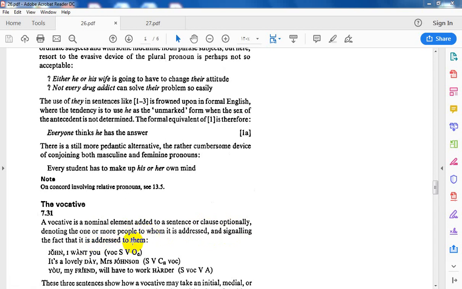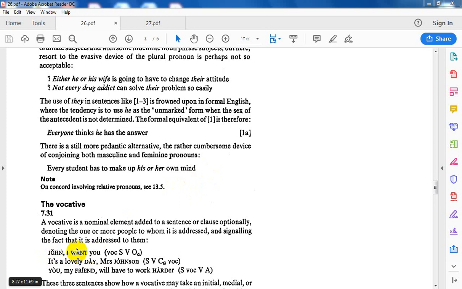So, look at these sentences, please. If you have notes, this mark is just to show the tone unit, the intonation of saying this sentence. You see this kind of mark: it means falling rise. John, I want you.